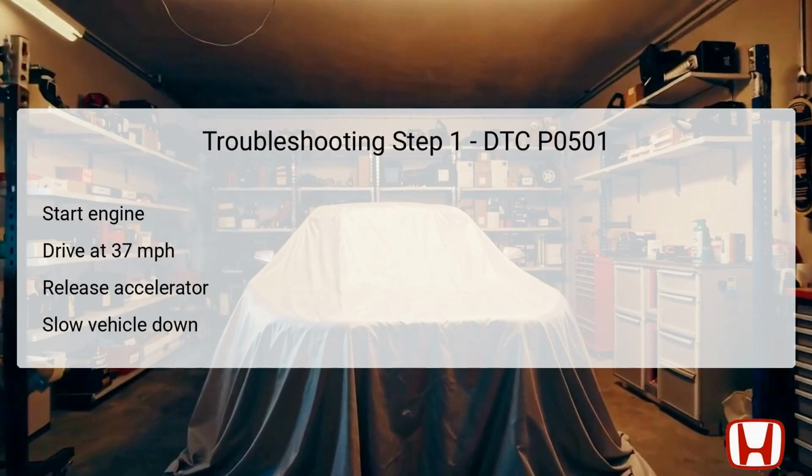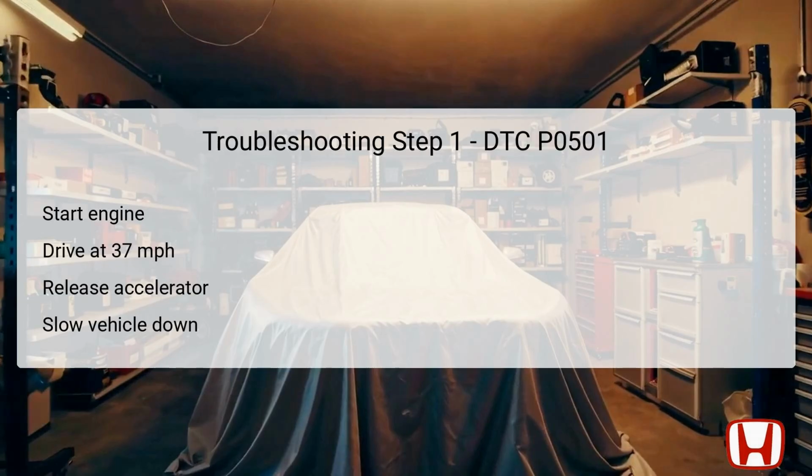The first step in troubleshooting DTC P0501 involves starting the engine to initiate the diagnostic process. It's important to ensure the vehicle reaches a speed of 37 miles per hour, approximately 60 kilometers per hour, or above, as this is necessary for proper signal generation and transmission through the system. Once at this speed, the driver must release the accelerator pedal to allow the vehicle to decelerate.